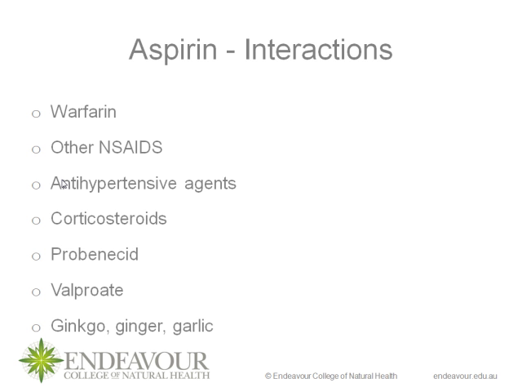With these next few drugs, it's that the levels in the serum are affected. They will interact with corticosteroids, probenecid, and valproate, which is indicated for grand mal seizures. And some of the very important herb-drug interactions: aspirin will interact with ginkgo, ginger, and garlic.